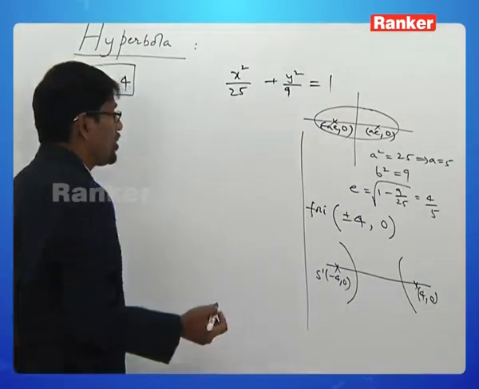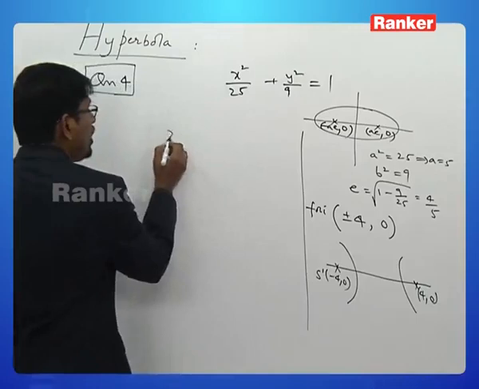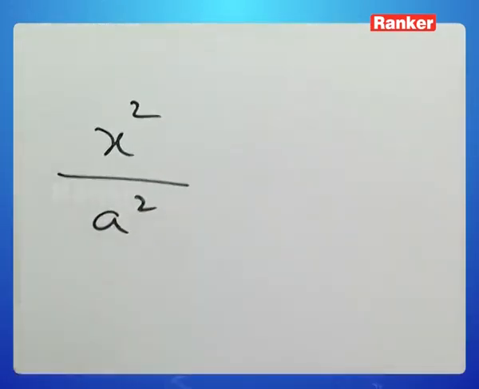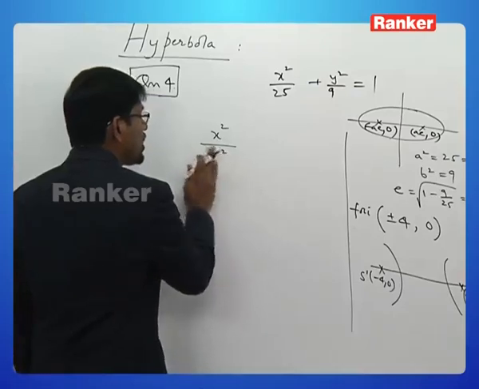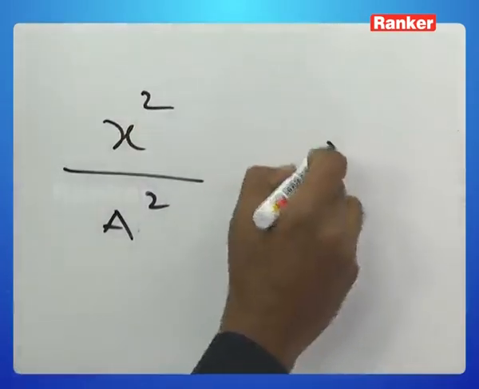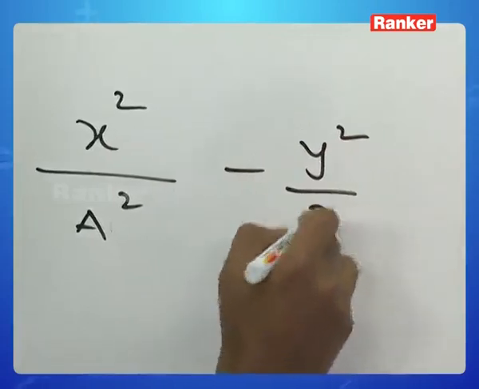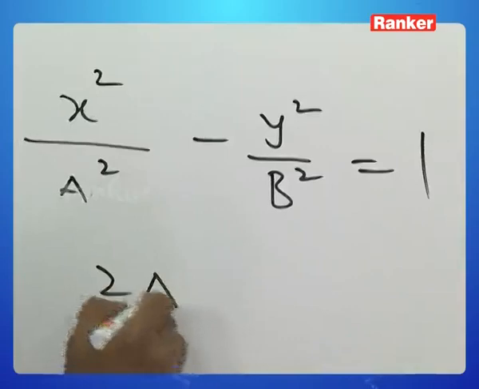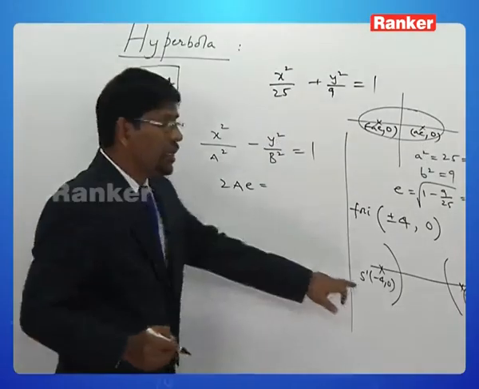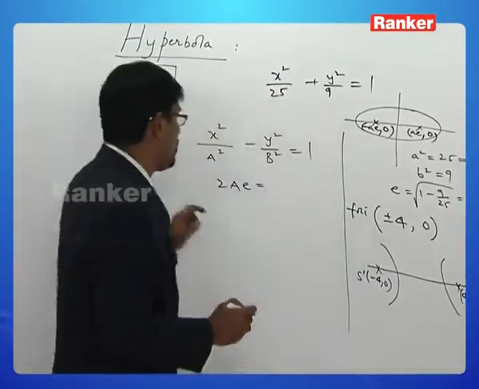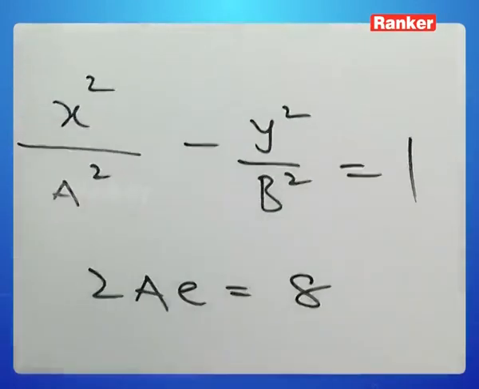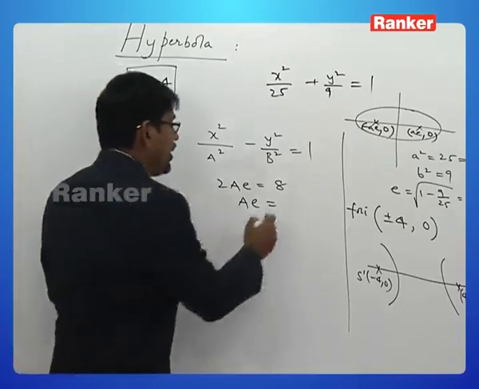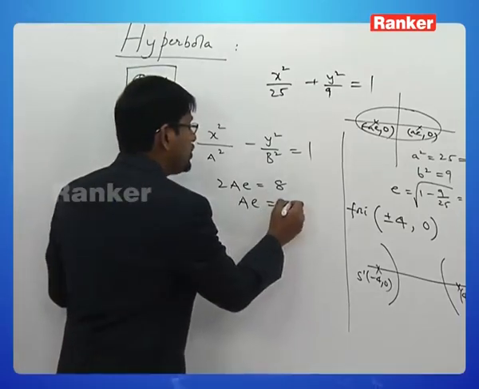So now the equation of the hyperbola we can write in the form x square by a square, some other a square let us say, minus y square by b square is equal to 1, where 2AE is equal to the distance between the two foci. What is that? 8 units. So AE is equal to 4 now.